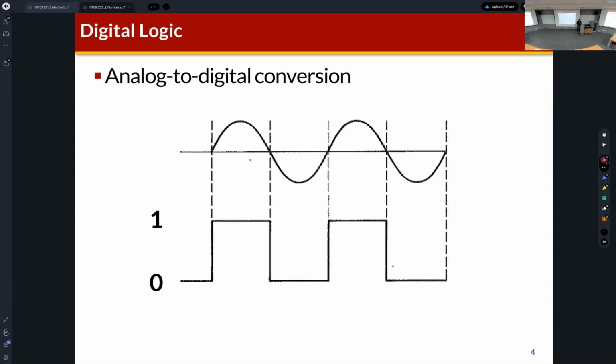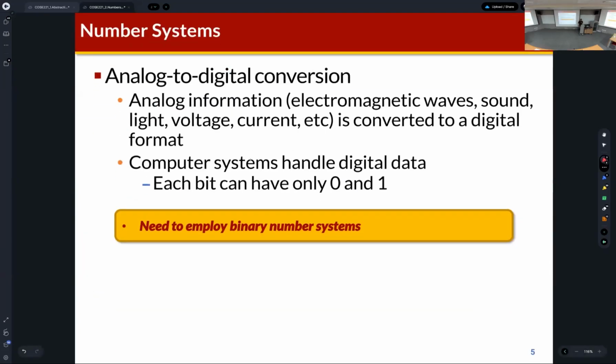But we require some criteria for converting analog signals to digital signals. You can understand it like this.